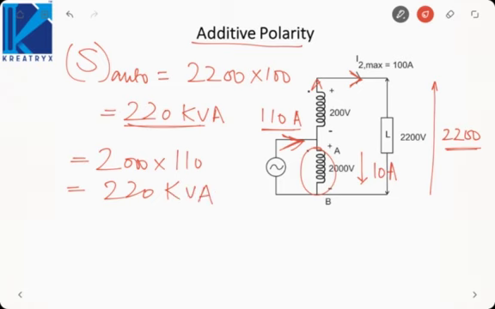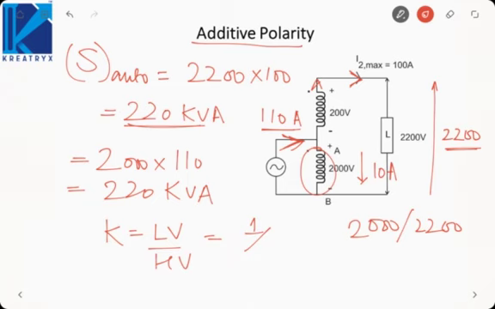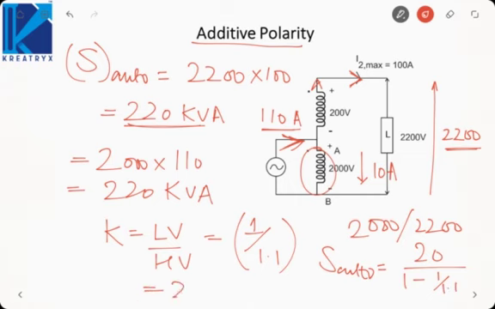The other way is to calculate using the transformation ratio. K is low voltage by high voltage. Here the low voltage or primary voltage is 2000 volt and the secondary is 2200 volt, so it is 1 by 1.1. Now, I told you the auto transformer rating is the two winding kVA divided by 1 minus K. It will come out to be 220 kVA.